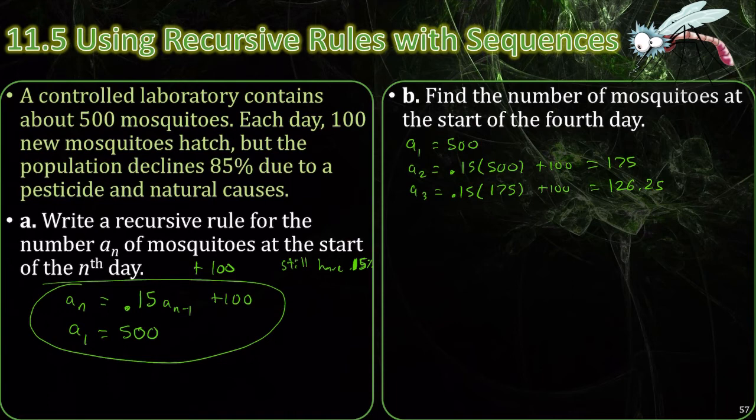I know you can't have a quarter of a mosquito, but work with me here. A4, 0.15 times the previous day, plus 100, is 118.9375. So our answer is about 119 mosquitoes.